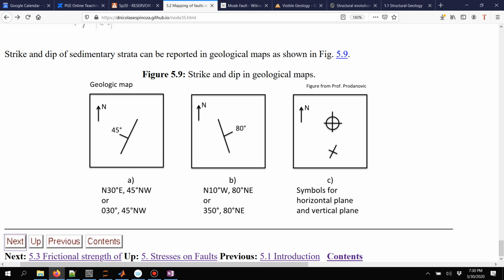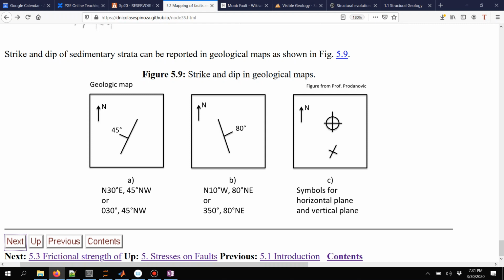And this is useful because when we do not have access to 3D ways of plotting these structures, these symbols are very useful to see that in 2 dimensions. And these will be the two symbols either for a horizontal plane or for a vertical plane. In a horizontal plane, there is no strike because it's a horizontal plane.